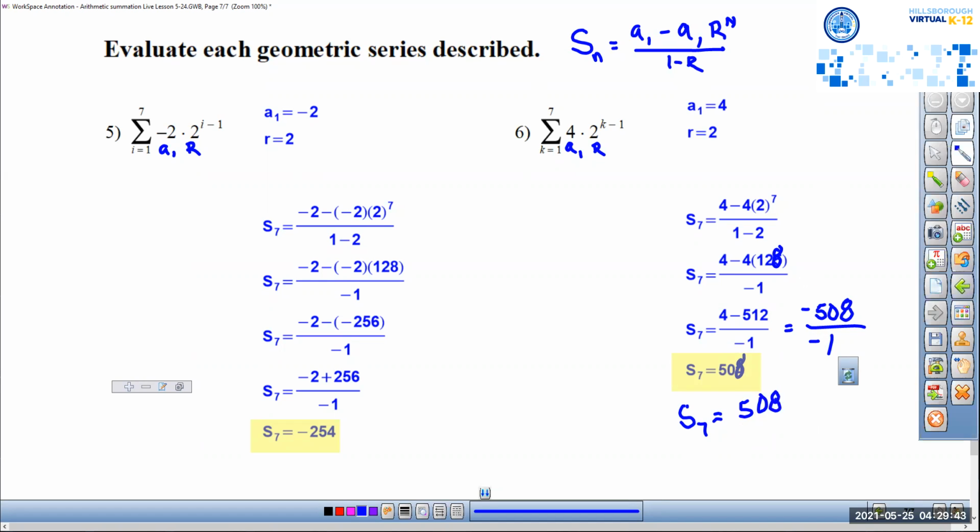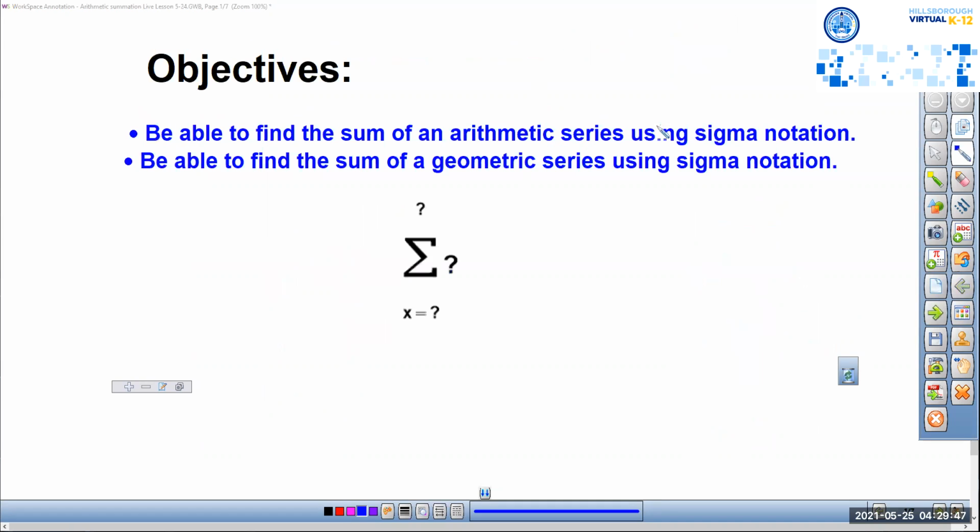So let's go back over what you've learned, what you should be able to do. You have learned how to find the sum of an arithmetic series using sigma notation, starting at 1 and going to a number, and starting at a number other than 1 and going to a number.